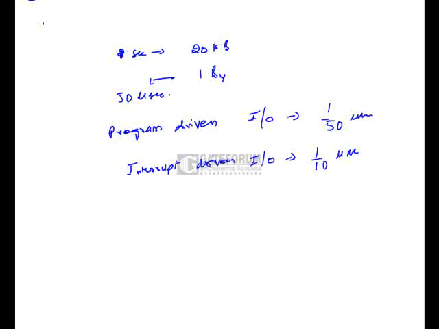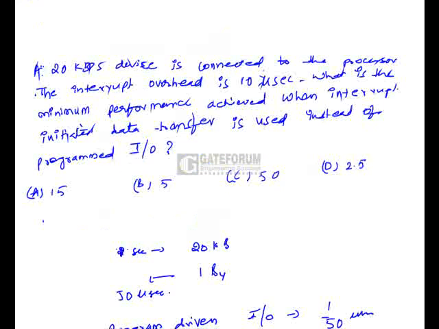So performance is equal to interrupt driven by program driven. Interrupt driven is 1 by 10 divided by 1 by 50. This is nothing but 50 by 10, which is 5. Your correct option is option B.